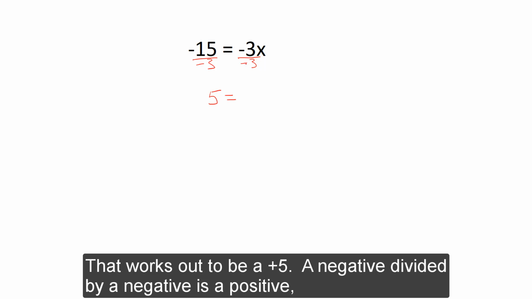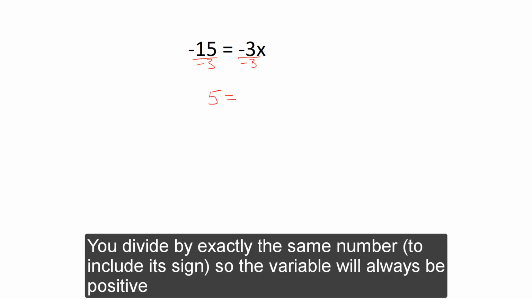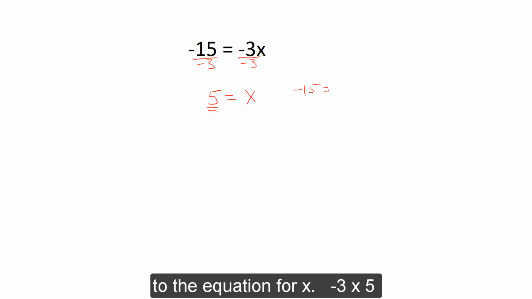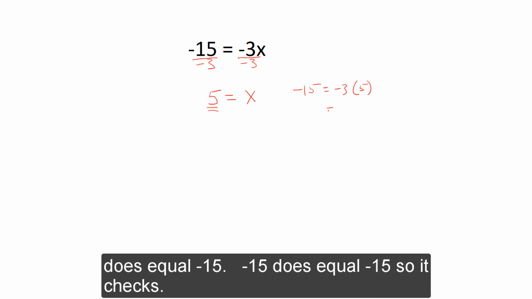I'm always going to divide by exactly the same number, including its sign. I'll just write the x because it's really 1x, which is just x, and here's my solution. How do I know it's correct? Let me plug it back into the equation. Negative 3 times 5 is negative 15, so negative 15 does equal negative 15. The answer checks.